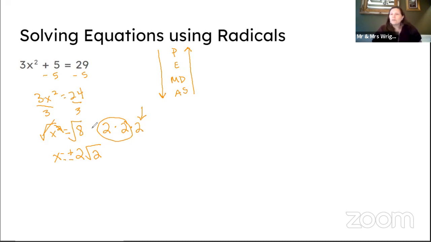What I like to do is if I have something like x squared equals 8, and I know I'm going to do a radical on both sides, immediately after I write that radical, I go ahead and write plus and minus down here so that I know I'm not going to forget to add it.